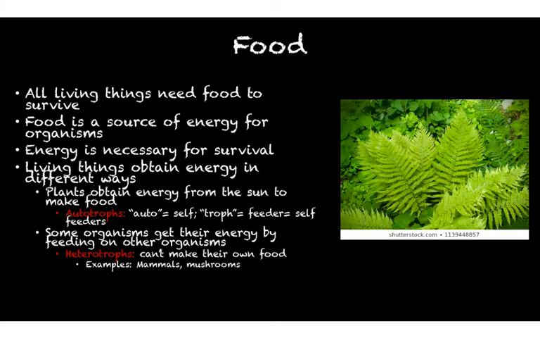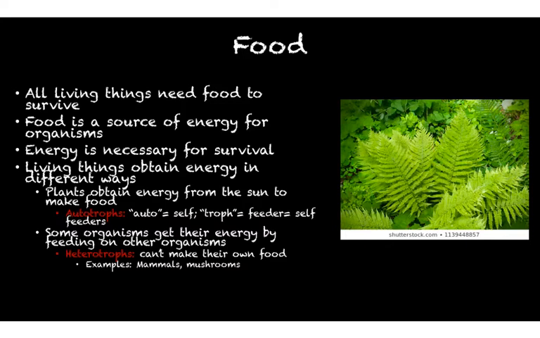Okay, so the first thing that all living things on Earth need in order to survive is food. Food, remember, is a source of energy for organisms. And in order for an organism to survive, we need energy, and we get our energy through food. Living things obtain energy in lots of different ways, but it is primarily through the intake or production of food.